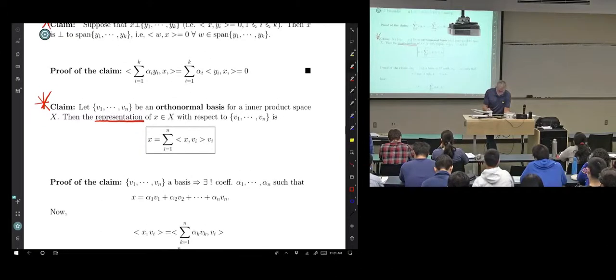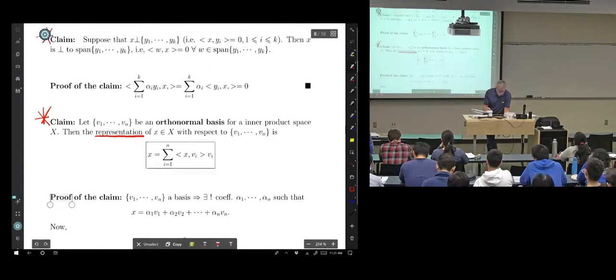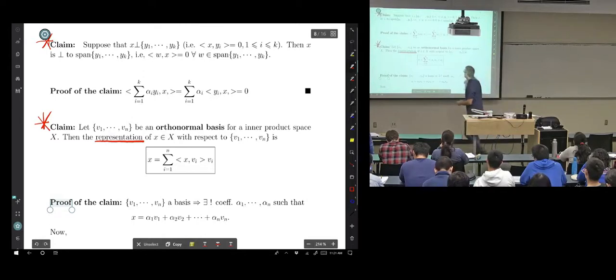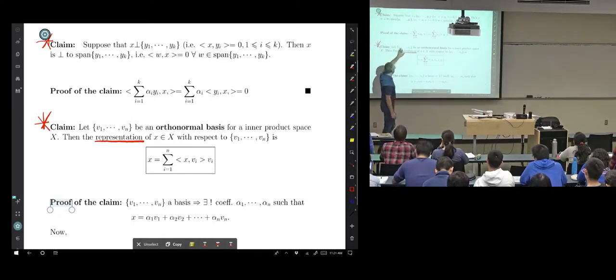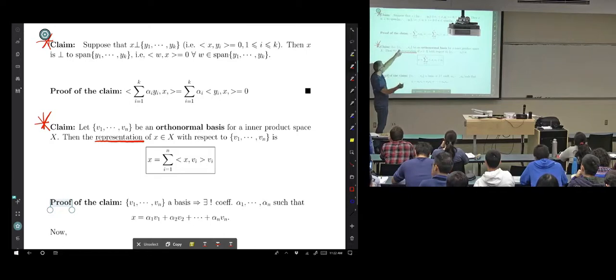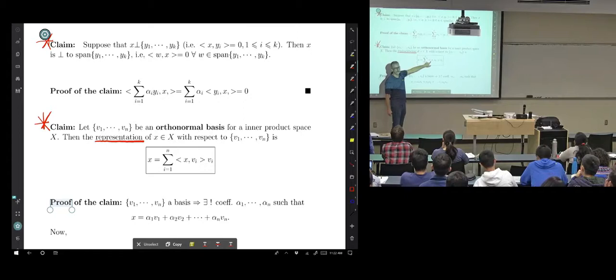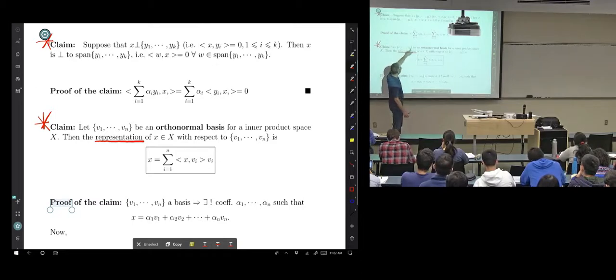This is the one that's super, super cool. If we have a basis that's orthonormal, then calculating the representation of a vector with respect to that basis is just a few inner products. It's not simultaneous equations that you have to solve. Yes. Okay? This is giving you the representation of an abstract vector with respect to an orthonormal basis.